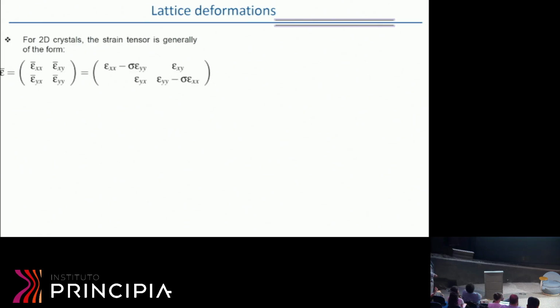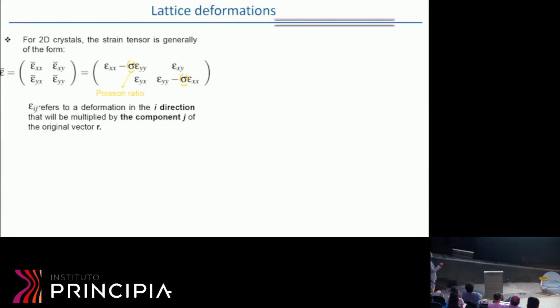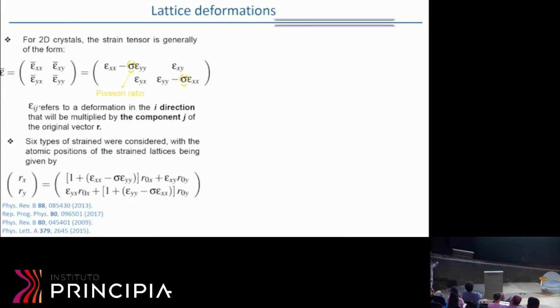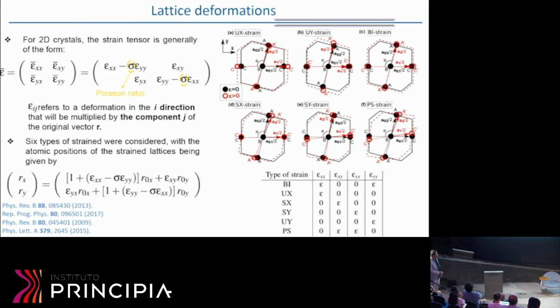Okay, and since I'm dealing with the 2D Lieb-Kagome lattice, we use the 2x2 strain tensor, where this guy here is the Poisson ratio, and the epsilon ij is connected to the deformation direction, and which sublattice, which component will be applied, okay? So here is the full form of any point in your real space, how is it transformed?